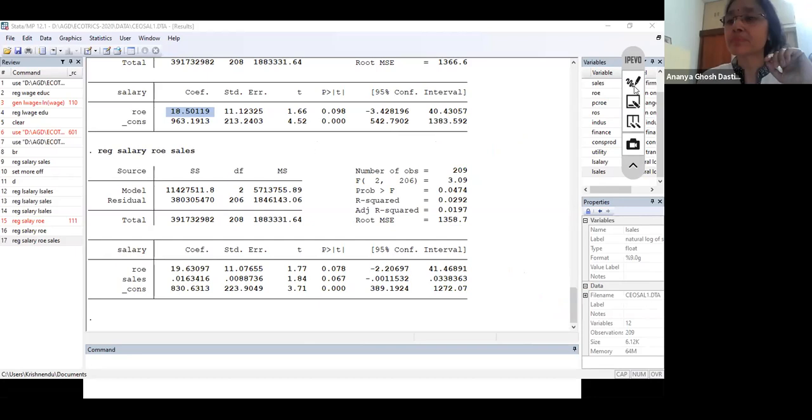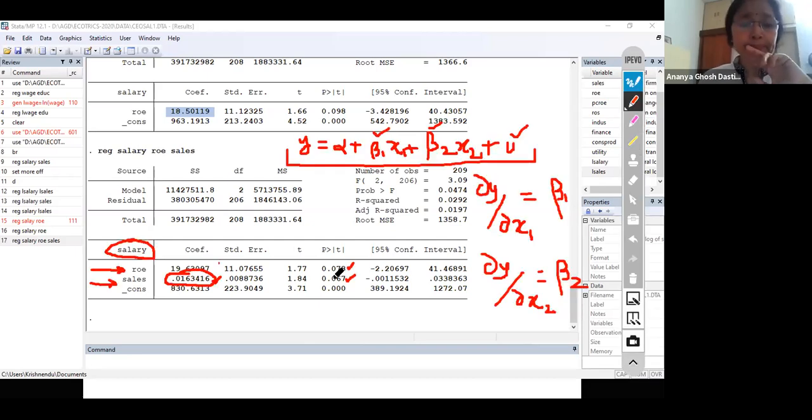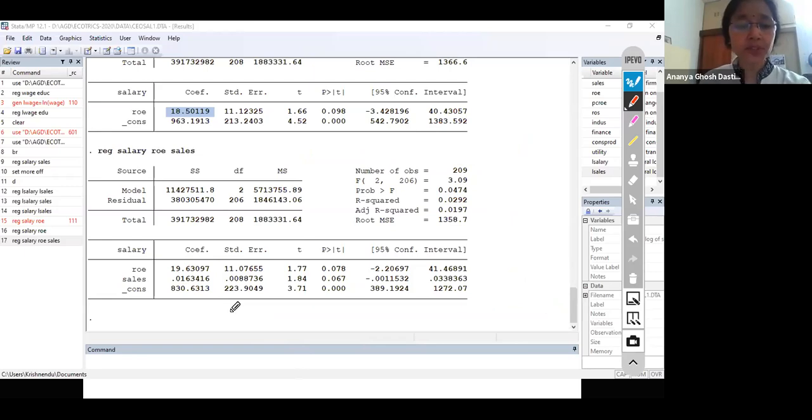Okay. Now, let me hold forth a little bit more on this ceteris paribus bit. What does it mean actually to hold things constant? What does it mean to say ceteris paribus? You see, multiple regression is a very powerful tool.